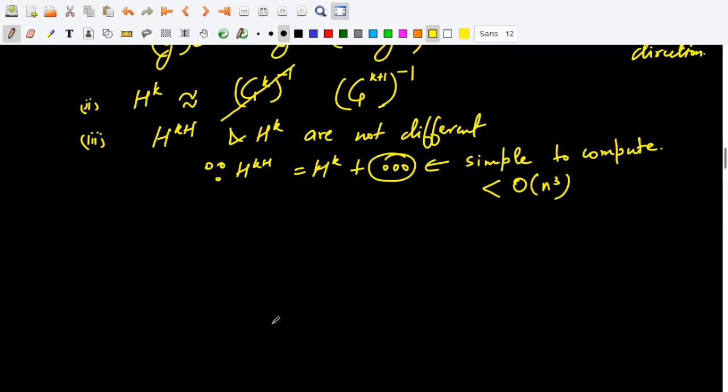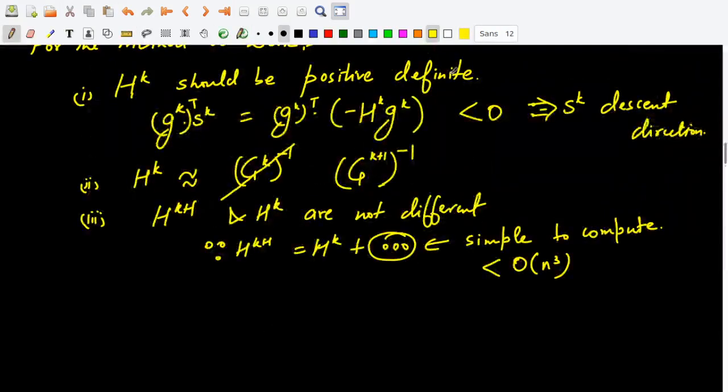So what could H be? H has to be positive definite. It should not be too different from the previous H, and as far as possible it should try to mimic the Hessian inverse.